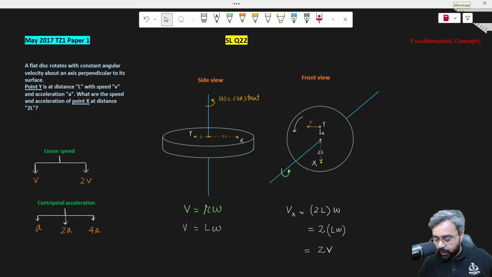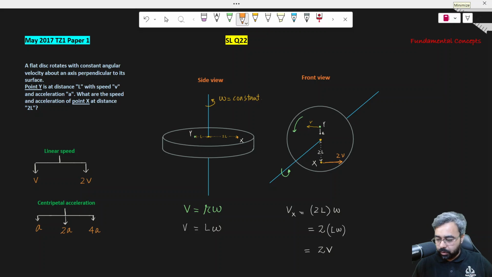So for x, I should show this as 2v, because its circle is a bigger circle and it has more velocity. Once again, the centripetal acceleration is towards the center, but what will that acceleration be?